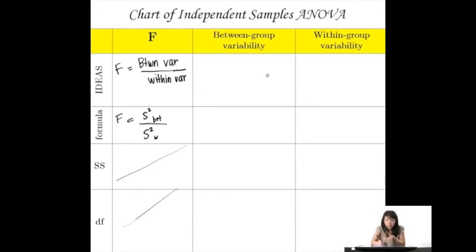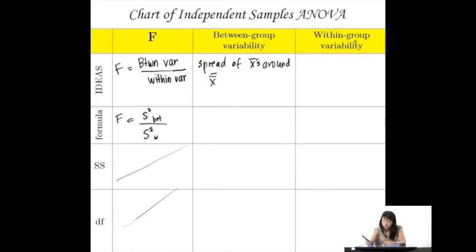All right, now let's talk about between group variability. The big idea of this is the spread of sample means around, so I'll put an S there, of X bars around the grand mean, right? That's what we're really looking for, that idea of the spread of all these sample means around the grand mean.